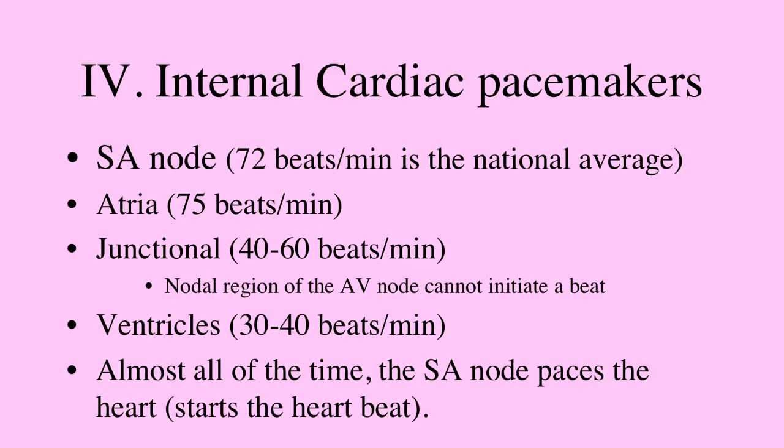So I would say the preferred term is a junctional rhythm as a backup, and this is around 40 to 60. A ventricular backup rhythm is around 30 to 40 beats per minute. But again, this is just information early in the course, just to think about briefly, but we'll get back to it later in the course.